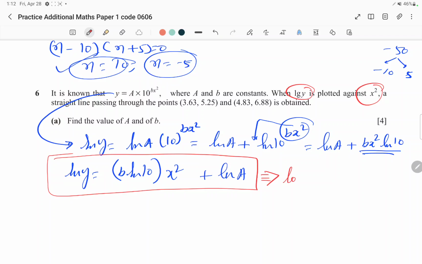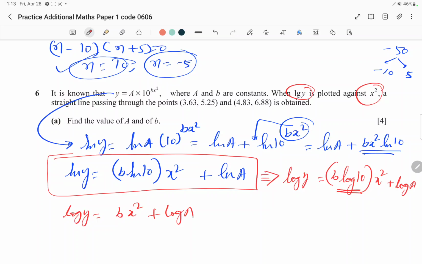So it will be log y equals b times log 10 x square plus log a. But log 10 is 1. So what I got finally is log y equals b x square plus log a. Fine, I got this.